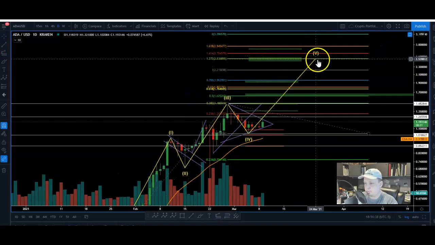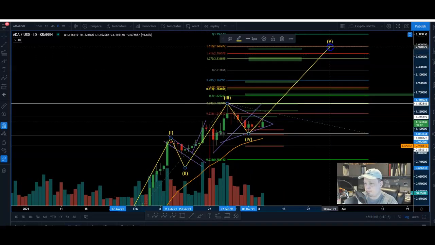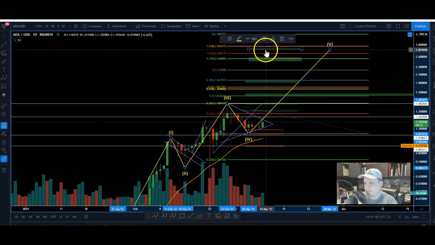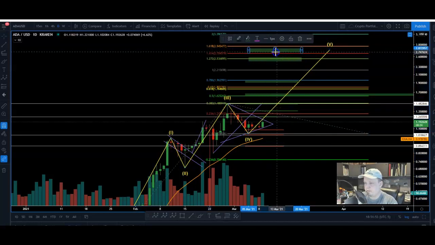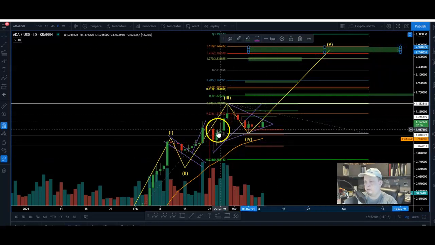So I was pretty close to where I put 5, but a lot of times people have it up here, close to $3. So to be conservative, just put it in the middle, and I think that's what we had here. We figured out that time frame on another video that we did. So somewhere between here is where wave 5 is going to be for this Elliott wave cycle that we're in.